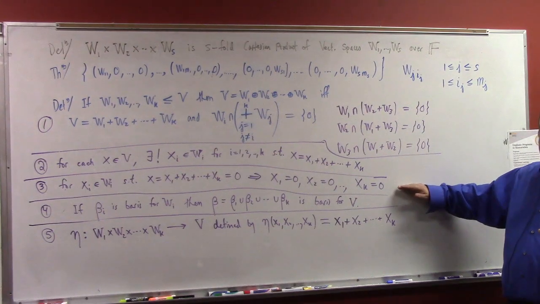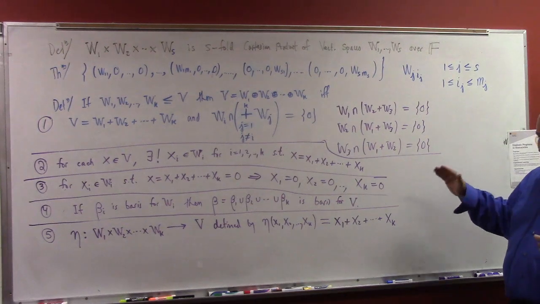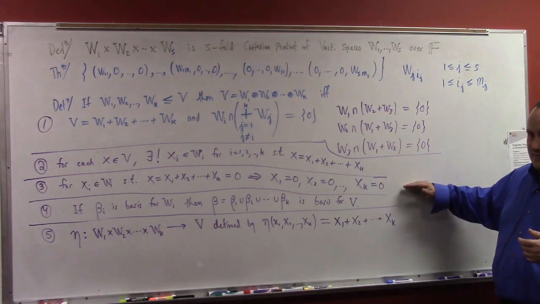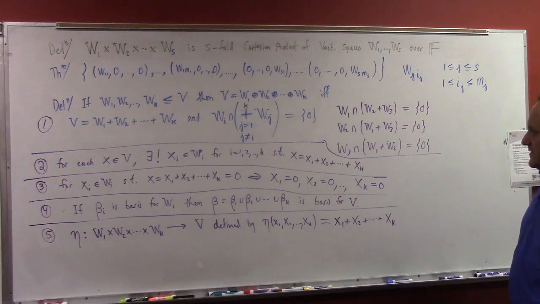And in class, Kang was like, "Sir, there's another characterization of independent subspaces. 0 has a unique representation." And I was like, "Oh, very good, actually." Kang impressed me.